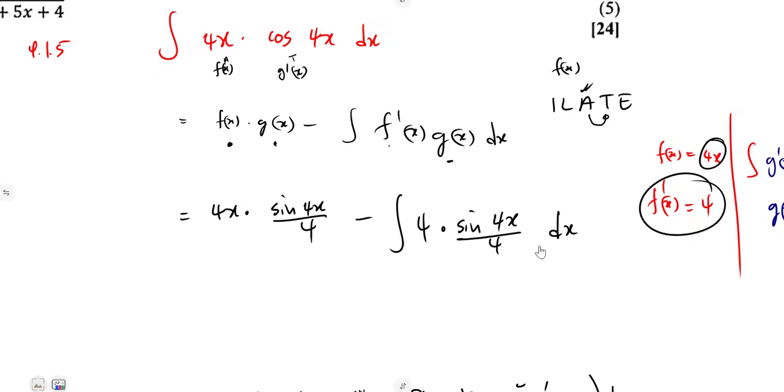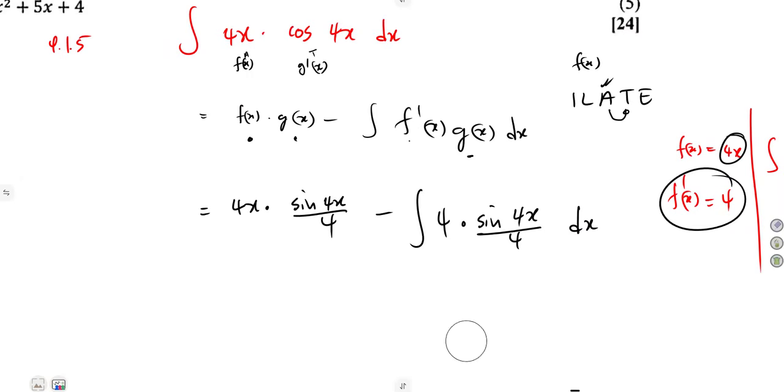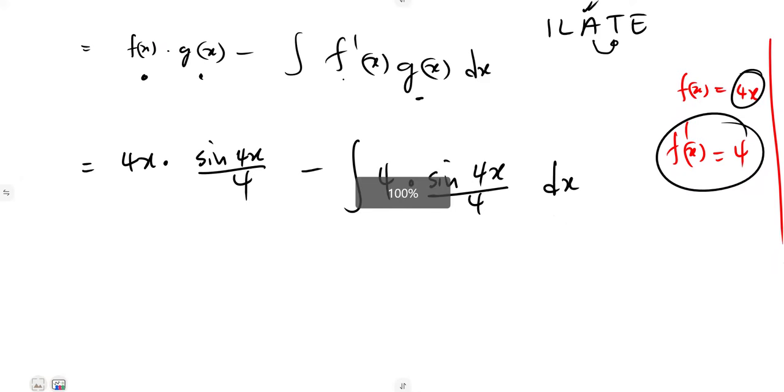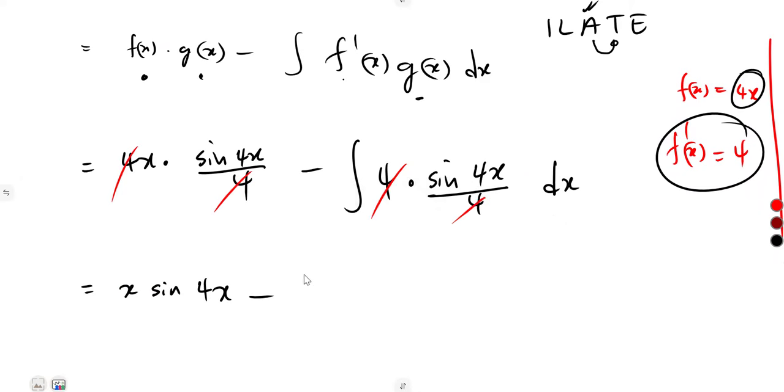So let us try to simplify this so that we can integrate. If we simplify, this is going to cancel 4 and 4. So that's x sine 4x minus, again, this and this cancel, so you're left with the integral of the sine of 4x with respect to x.